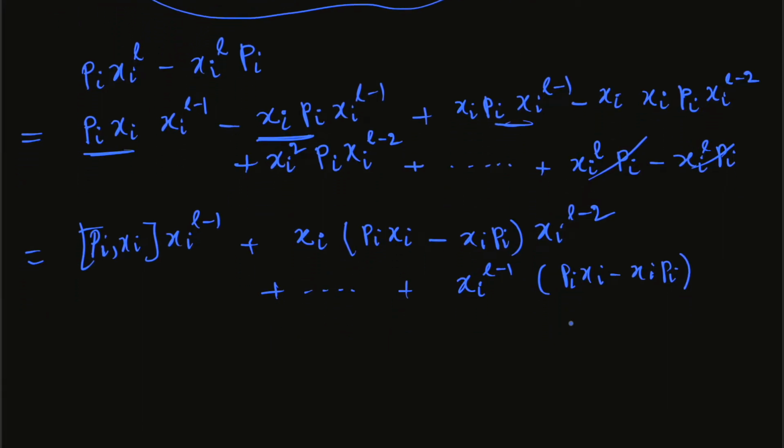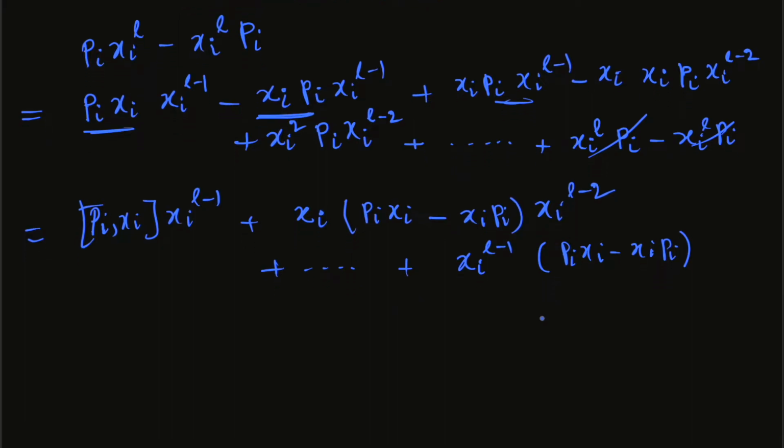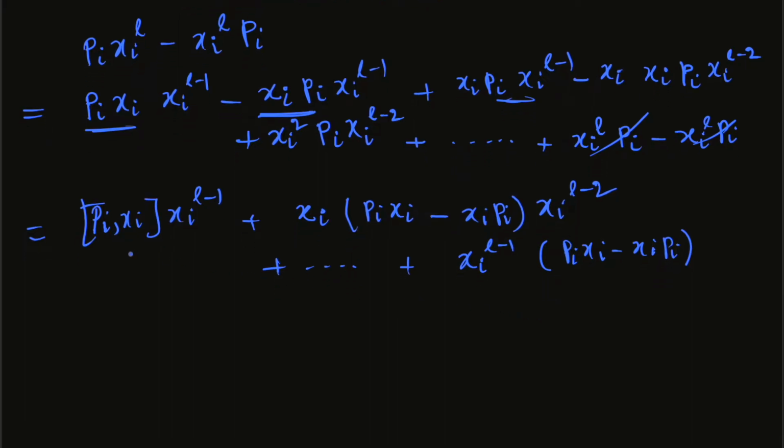That means how many terms we will get here? When in this term the power is 0, that corresponds to the first term, and if the power is 1, then it is the second term, and so on up to the nth term.